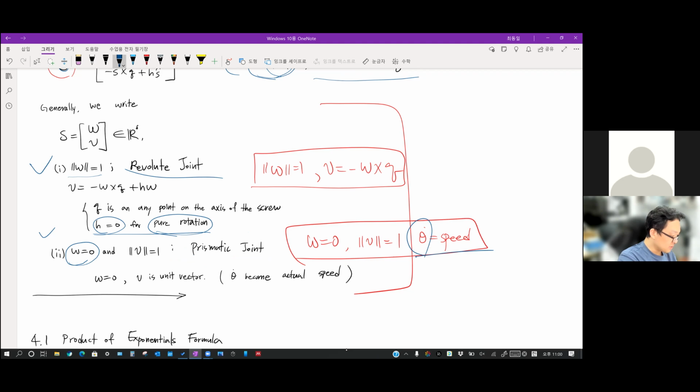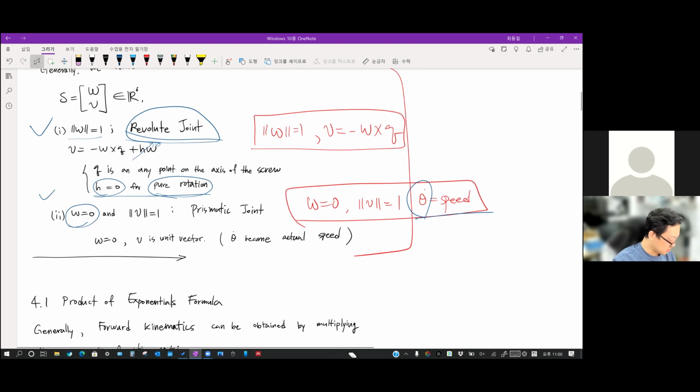In the revolute case, because h equals 0, V becomes like this. This was the basic concept of the screw axis. Using this, we can calculate forward kinematics in a novel method.